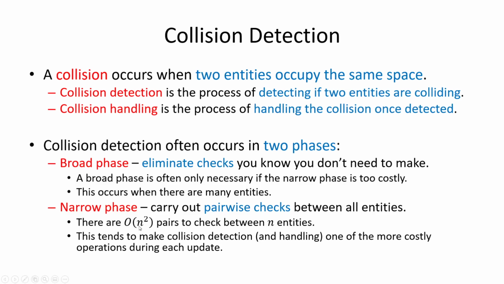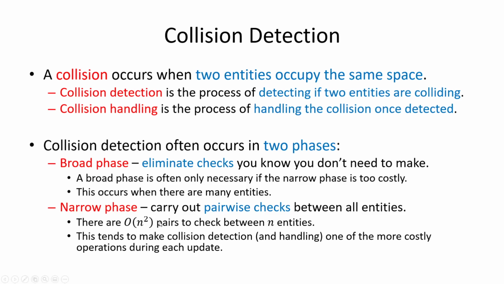And because of this, a lot of what we're doing in our normal game updates is going to be linear in the number of entities. For each entity, we have to do one thing or a handful of things. But when we start doing these pairwise checks necessary for collision, for each entity we now need to compare it to every other entity. So that's going to increase the cost of these operations.